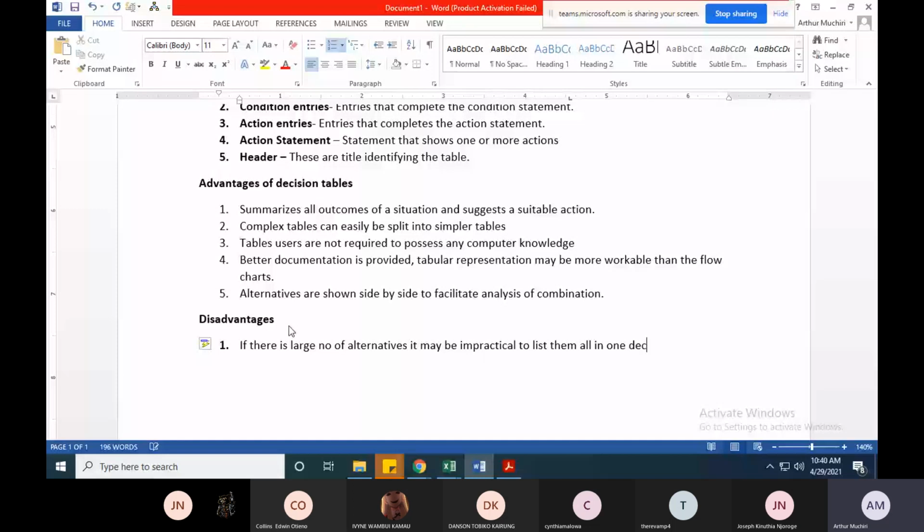As you'll be able to see as we continue. Then number two, they do not show the flow of logic of a solution to a given problem.